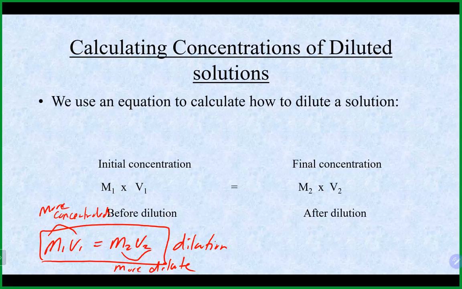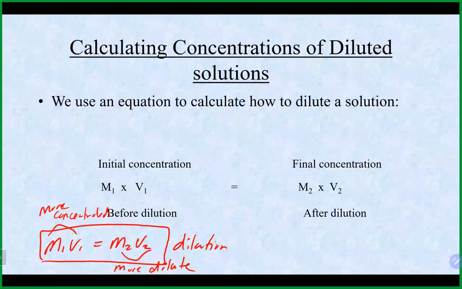In this case, this is the one place where if you want to, you do not need to convert volume into liters, and you can leave it in milliliters if you're specifically using this equation only. If you're using molarity by itself, you need to convert it to liters. Otherwise, you'll be off by a factor of 1,000. But in this case, you can actually leave it.